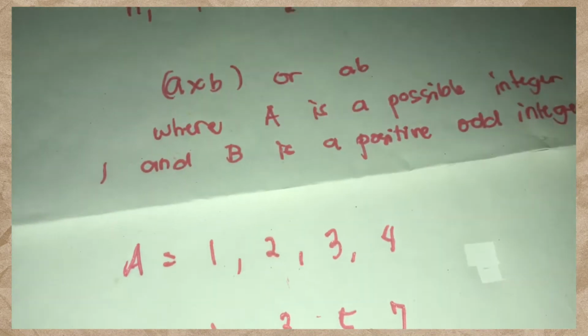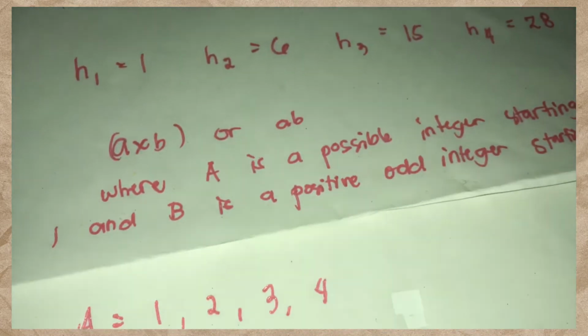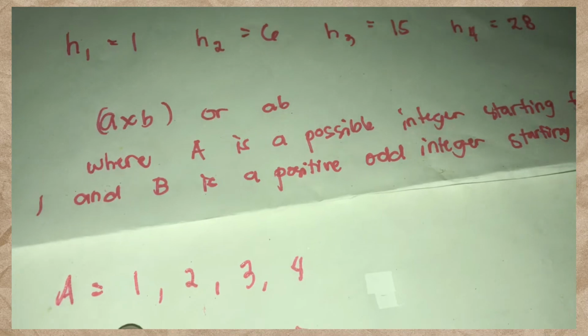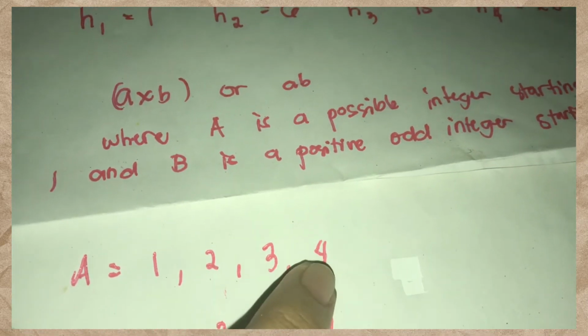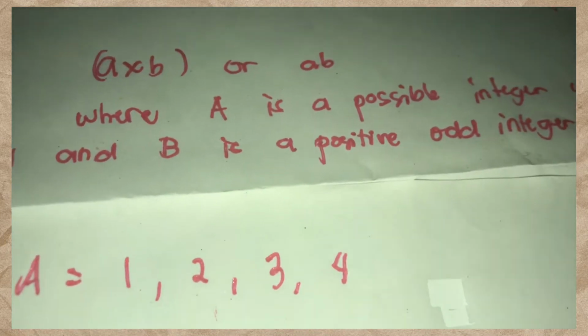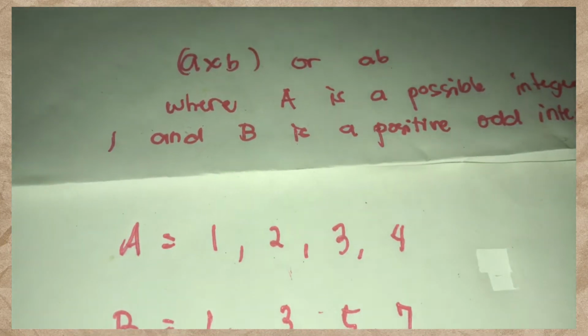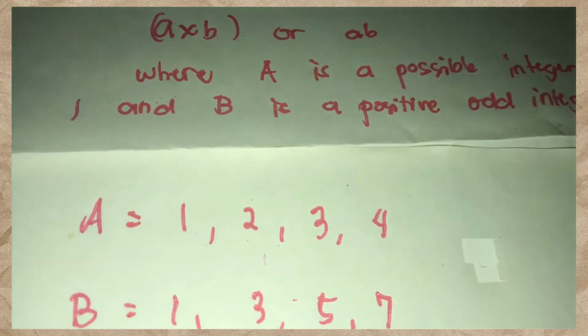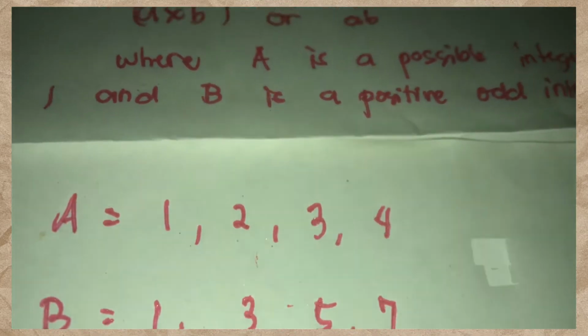So I just laid down all of the possible integers starting from 1. Let's stop at the fourth place because we have four hexagonal patterns in the picture. So we have 1, 2, 3, 4.